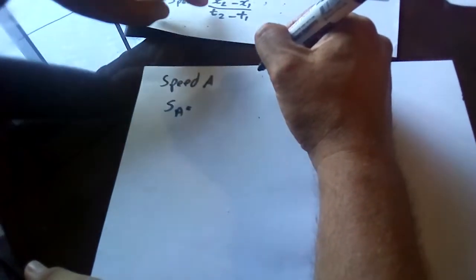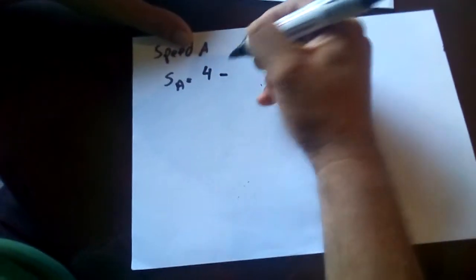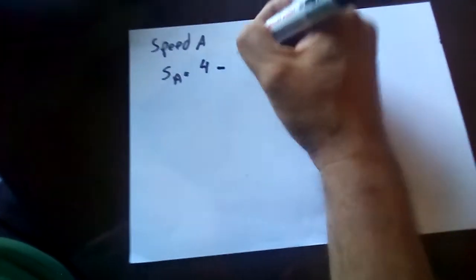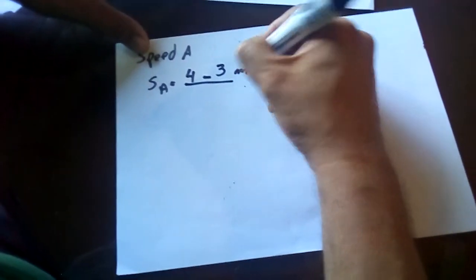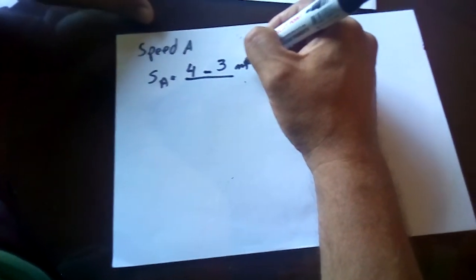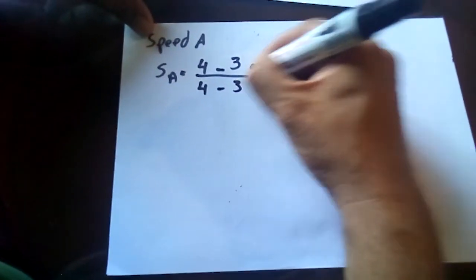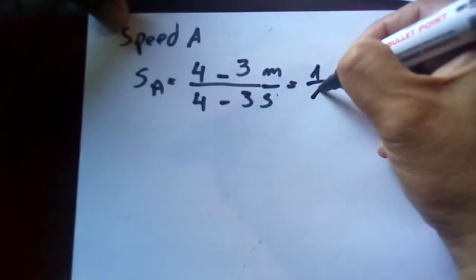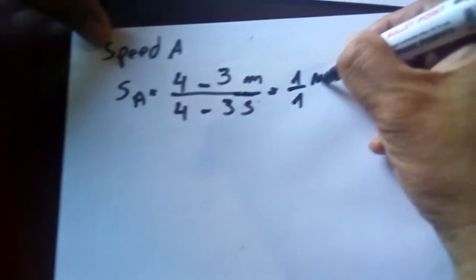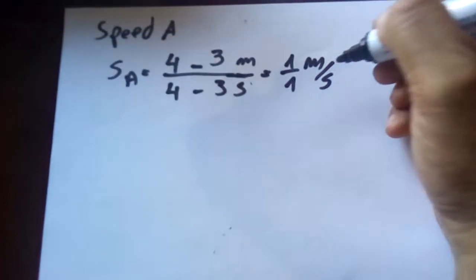So I take my position 4 and I subtract another point, which could be the previous point, which is position 3, in meters, and then I take my time, which was 4 seconds minus 3 seconds, and I get 1 over 1 meters per second. So that's my speed at A.